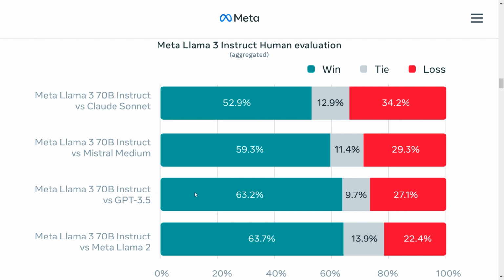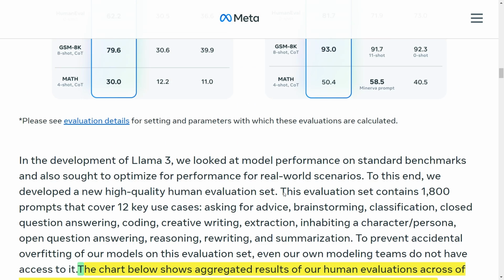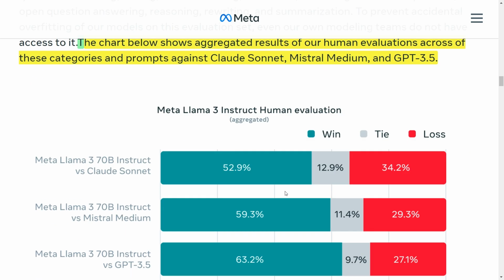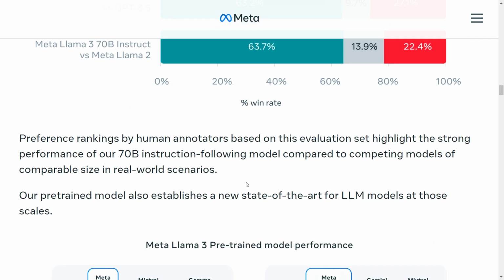It has been able to defeat ChatGPT 3.5 in human evaluation with around 63.2 percent. That's a really good output, considering the fact that it is open source and you can check the code in their GitHub repository. I will be leaving the link to that in the description. So that is really good.